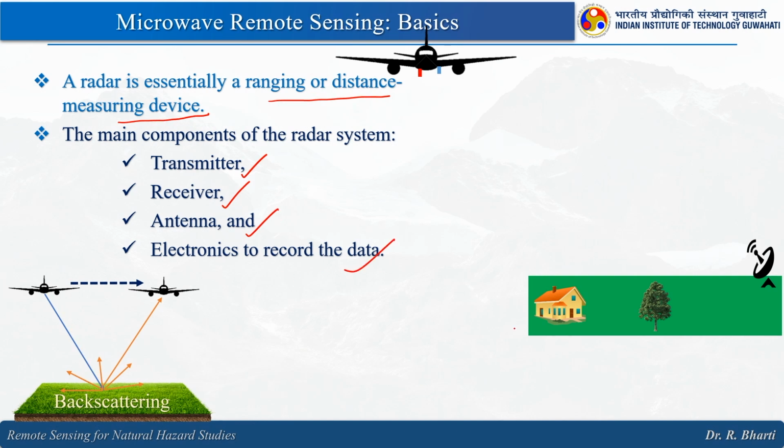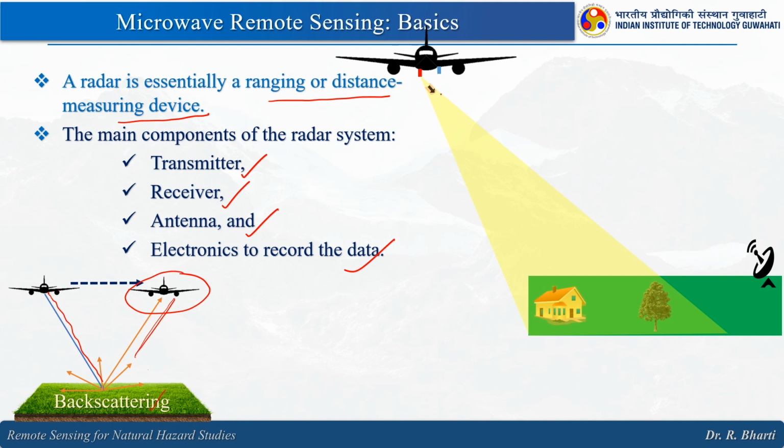You see here this particular surface, which is illuminated by the microwave signal, and then backscattering happens, and the signal goes back to the atmosphere or space, and then the sensor attached to an aircraft or spacecraft measures it. So, this is the basic principle of microwave remote sensing.